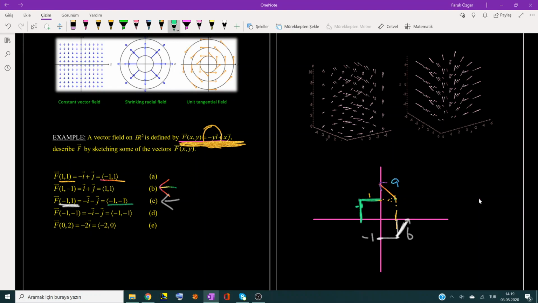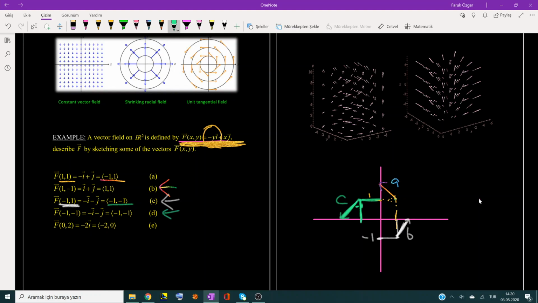What does it mean, minus 1, minus 1? 1 unit left, 1 unit down. Okay, something like this. So this is C. This is the vector C.